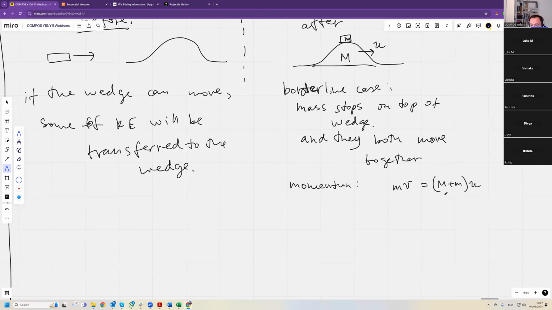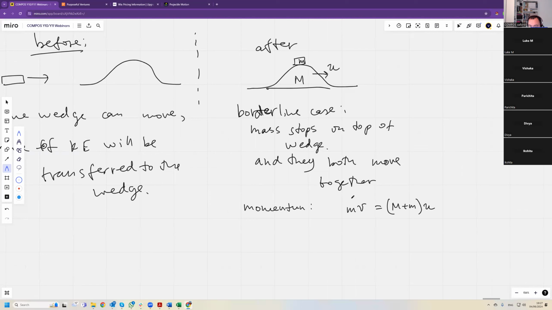And they're both moving. So before it was just the puck moving, and after it's the puck and the wedge. We know that m is 1 kilogram and this is 5, so it's 6.